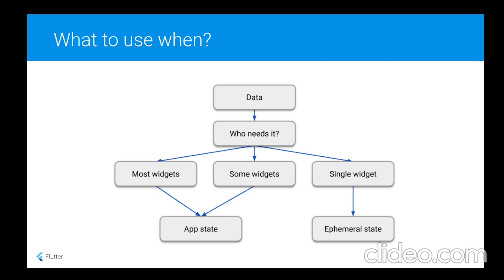So this is a very useful and real life example that can give you the reason why you should use app state and why you should not. This was a case where you could not use ephemeral state, that is only limited to a single widget.